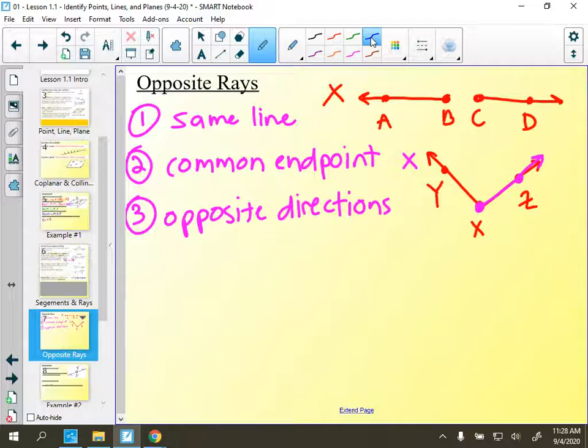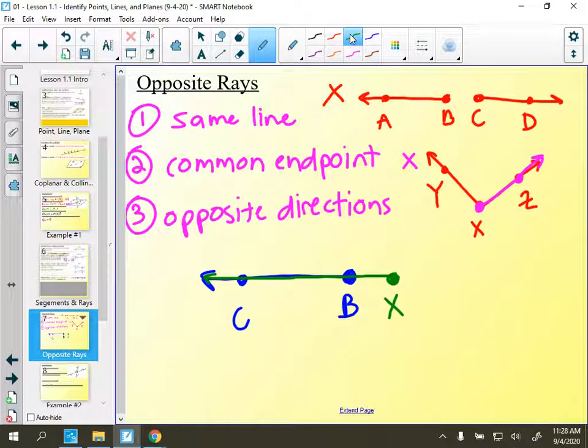The other one you might see would be similar to this, that I could have ray BC, and I could also have maybe ray XY.